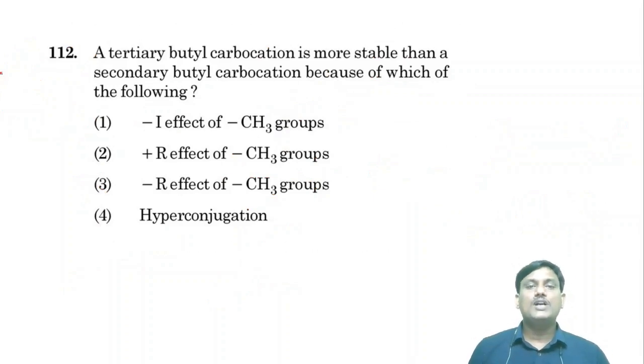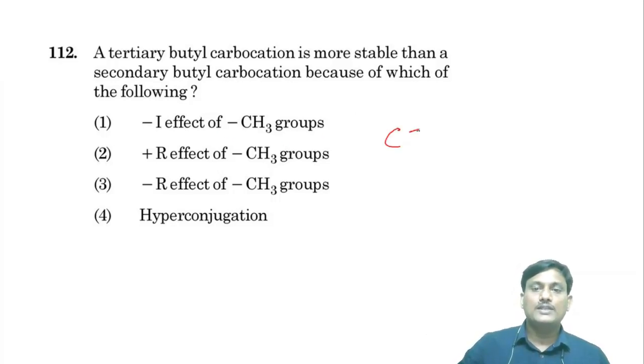A tertiary butyl carbocation is more stable than a secondary butyl carbocation because of which of the following?